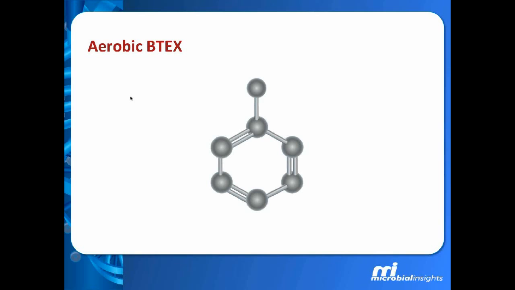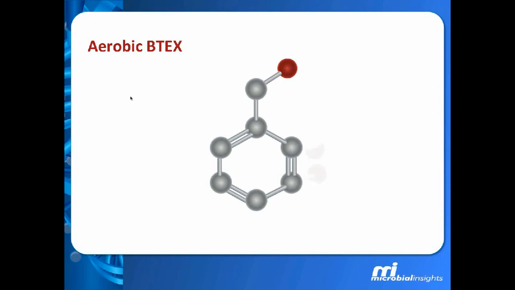Microbes have been isolated, pathways and corresponding genes have been discovered. So if we look at just one component of BTEX, like toluene, which is shown here, one degradation pathway begins by the addition of oxygen to the ring, and then it can continue with the second addition of an oxygen. Another aerobic pathway may begin by the oxidation of the methyl side group.